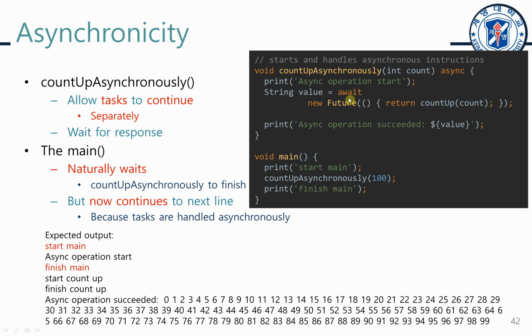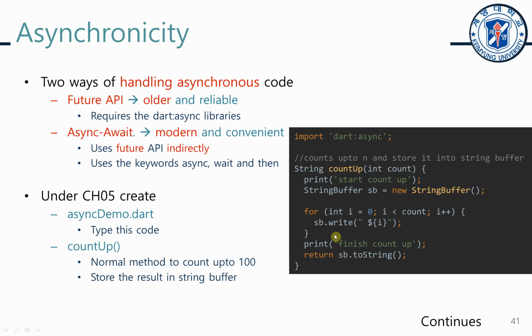So it will do that until it meets wait. Okay, so what should I wait for? This is what I should wait for. So I am asynchronous. I will print this. This method count up asynchronously prints this, and then I create a string called value. This value is to receive this string.